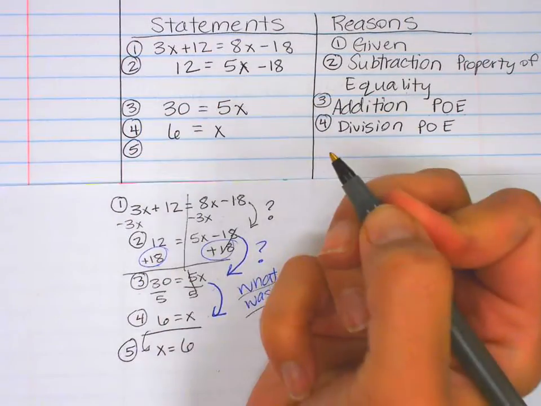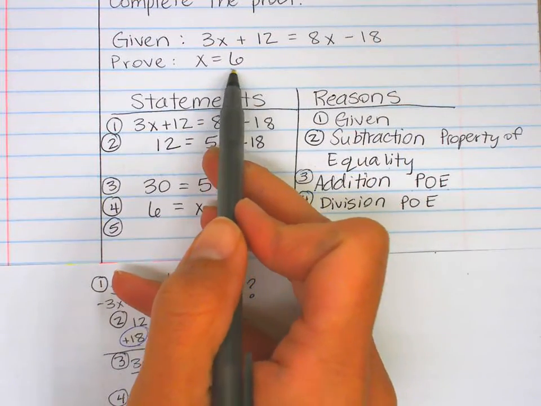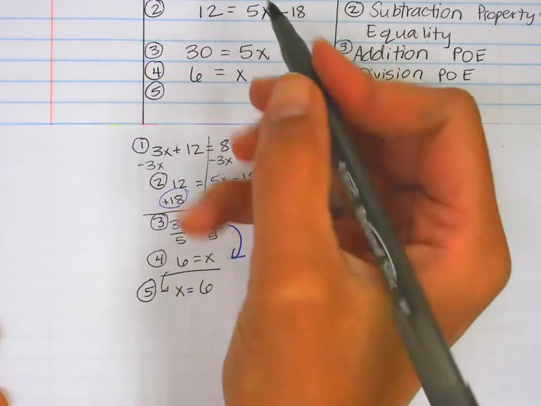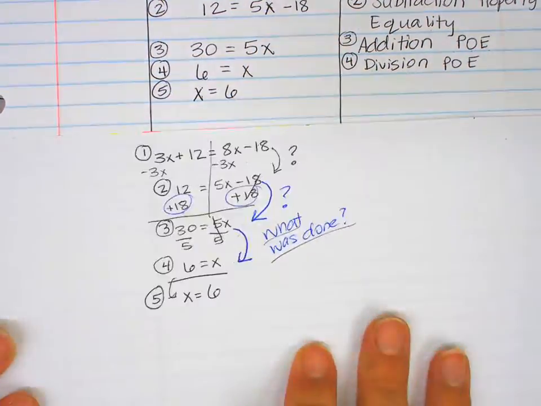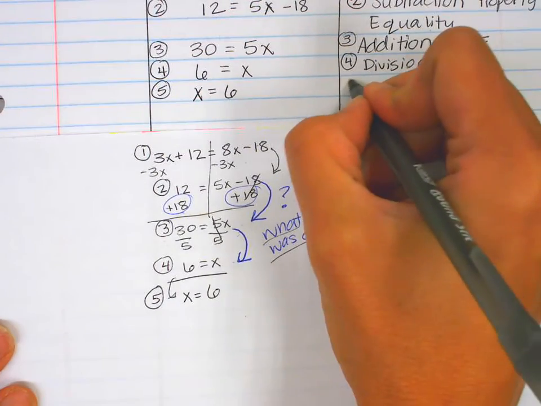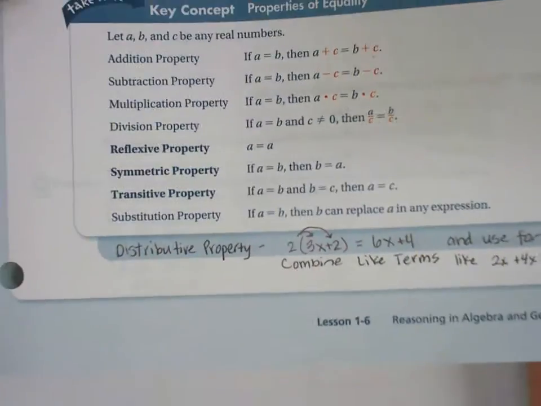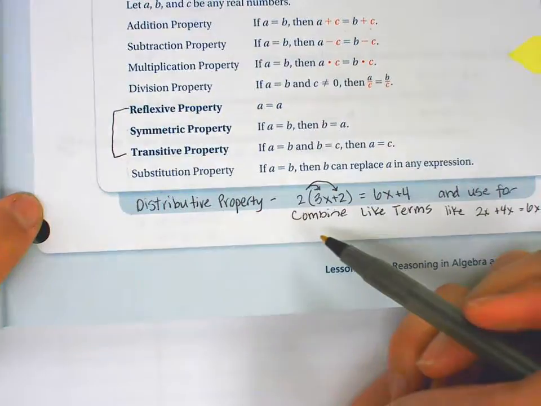All right, step 5. I'm writing the answer the way it was when it said to prove it. They want the x on the left and the 6 on the right. So for step 5, I would write x equals 6. And the reason is, let me show you in the book, page 41. There are these 3 properties which are not really like the ones above.